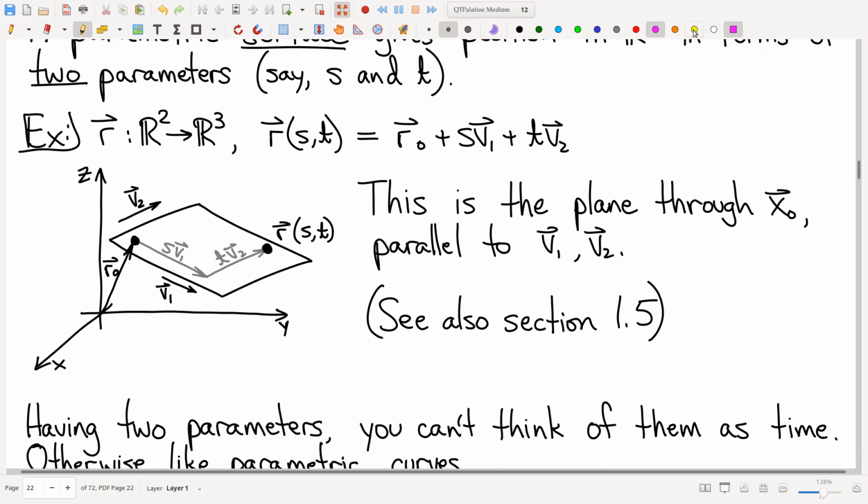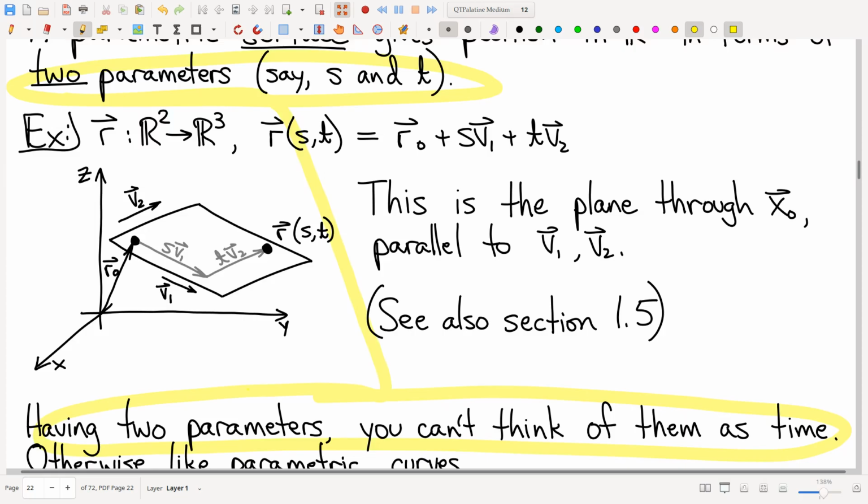Because we have two parameters, I can't say that the parameter represents time, at least not in a particularly intuitively relatable way. If you only have the one parameter, yeah, that one parameter, call it time. We have one notion of time, we have one parameter. If there's two of them, they need to be different.